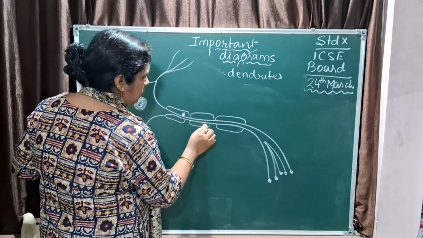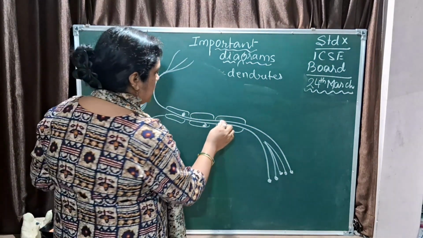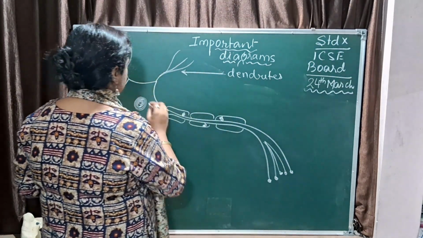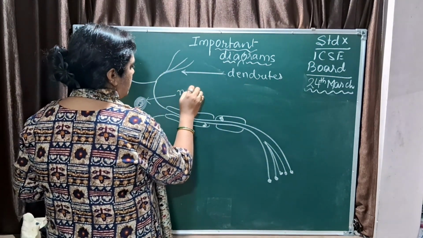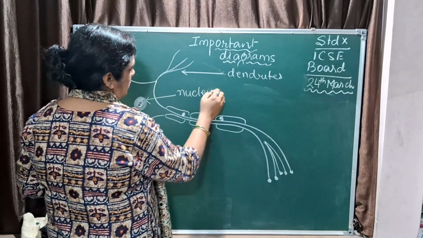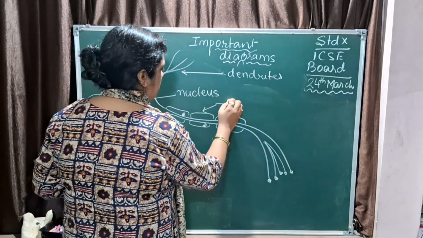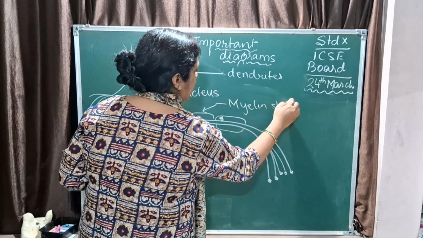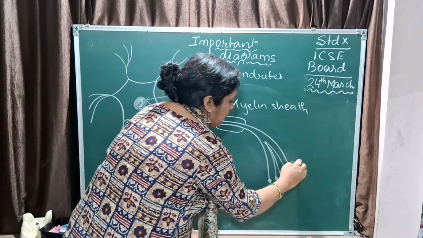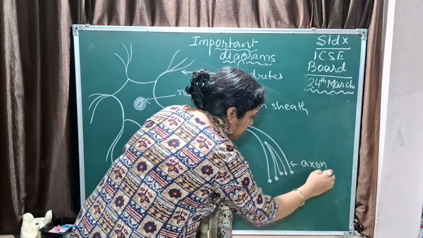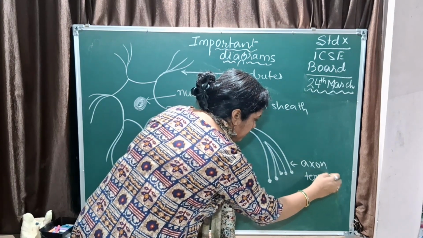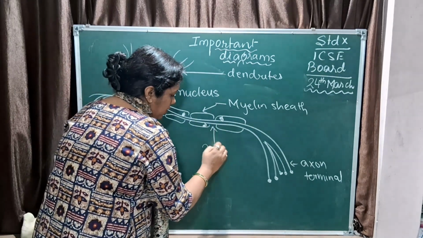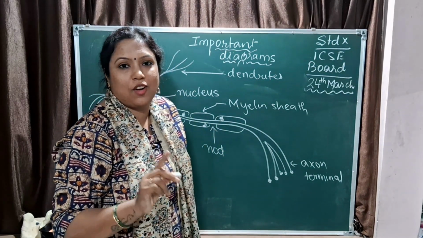Myelin sheath has got the nucleus. It is made up of Schwann cells, right? So this is your dendrites. This is the nucleus. This is the myelin sheath. This is the axon terminal. Right? This is the node of Ranvier. Node of Ranvier, not Ranveer.